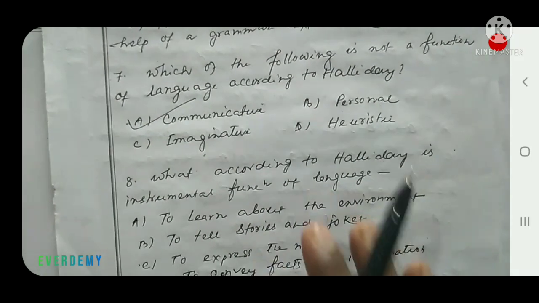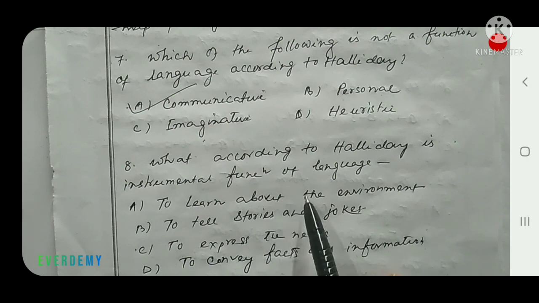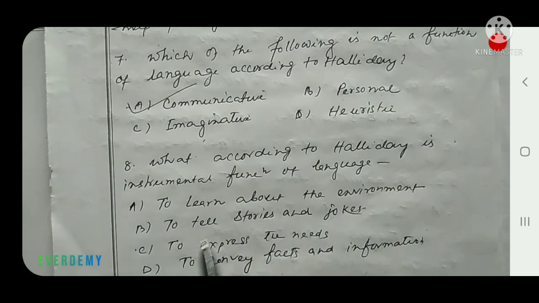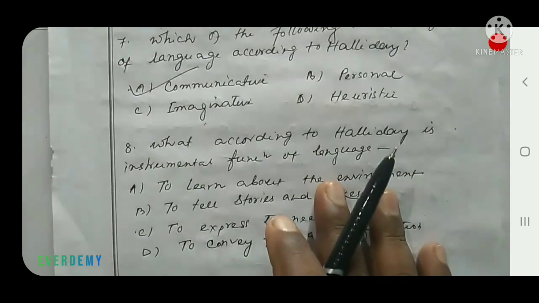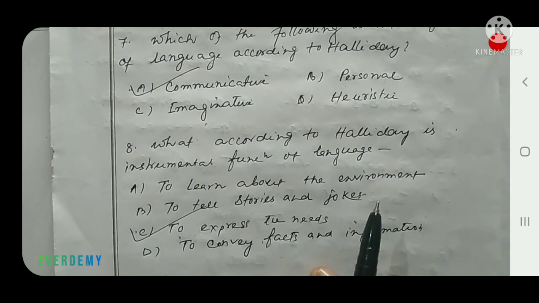Next, question 8. What according to Halliday is the instrumental function of language? To express the needs is the instrumental function of language.